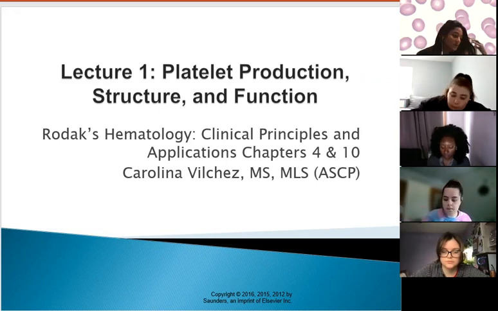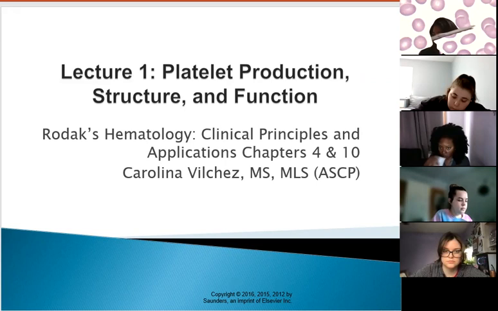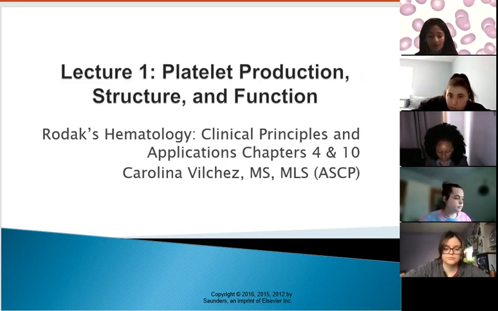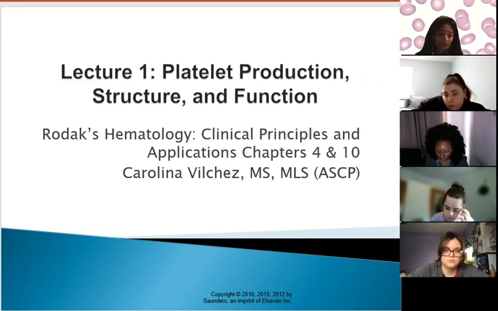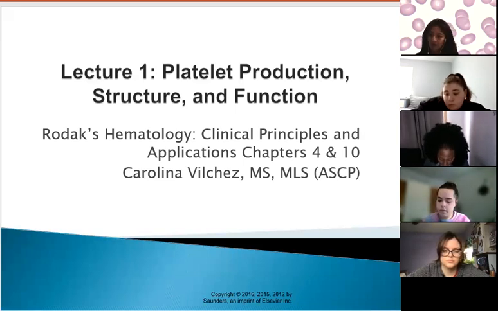So our first lecture is on platelet structure and function. You might already know some of this information if you took cell bio, you took a look at different cells, probably the platelets, but the platelets are a very, very important type of cell because they are the first type of cells that come to the site of injury.